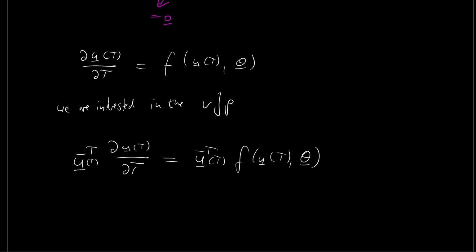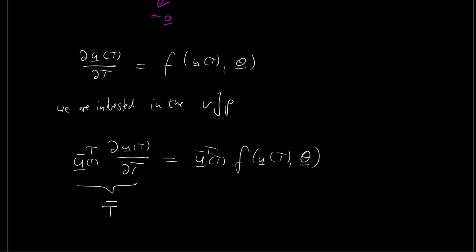And be a little bit careful, I don't use an underscore for that function here, but that is of course a vector valued function, so it maps the state and the parameter to the state. So the output is a vector which is of n dimensions, and if we then take the left multiplication or some form of an inner product with a vector of the same size, but this one has the cotangent information, this will then contract to a scalar.